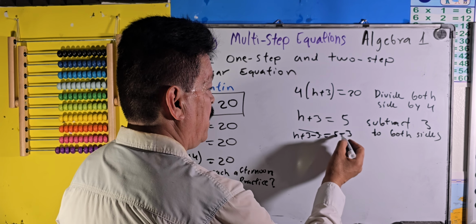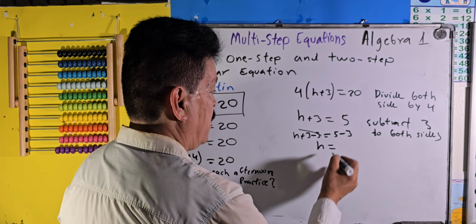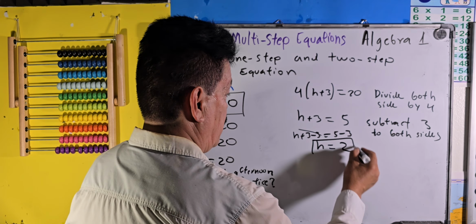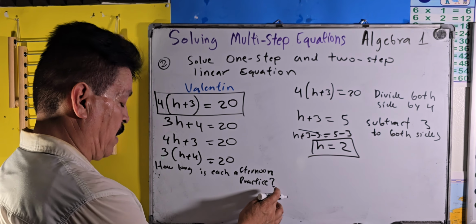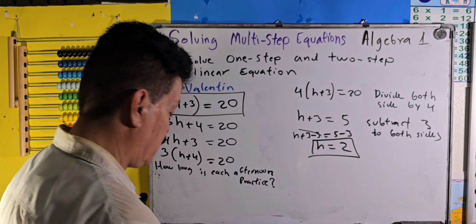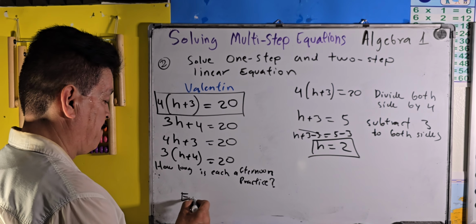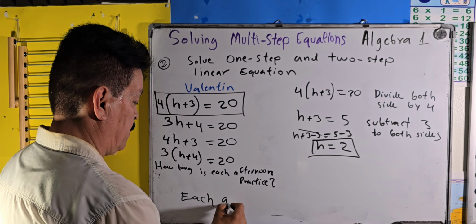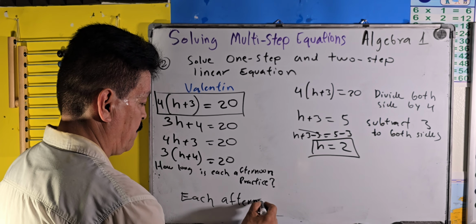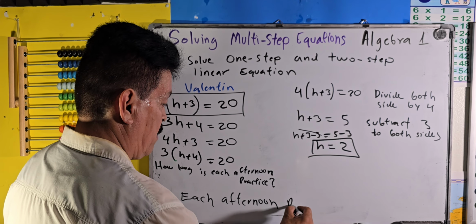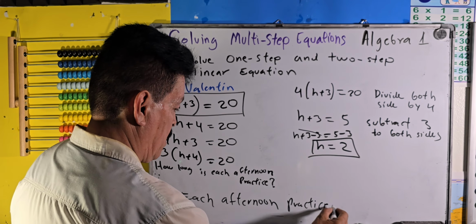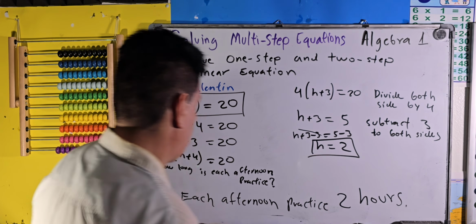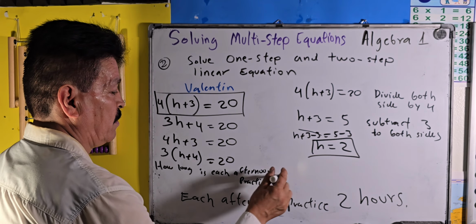So here it cancels, and then h equals 2 hours. That's our answer to this question, right? So each afternoon they practice 2 hours. That's the answer to this question.